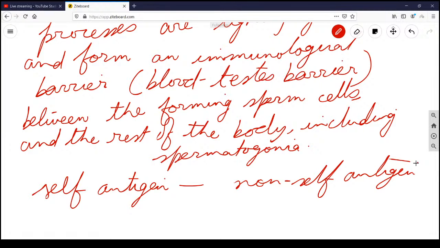Same species, different individual. Like if I go for kidney transplantation, if I take your kidney, then even if I match the blood group, even if I match the human leukocyte antigen, which are known as the MHC class 2 molecules, still the minor HLA will not be matched.